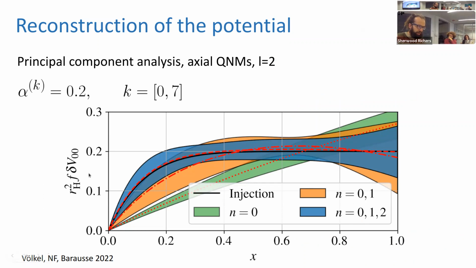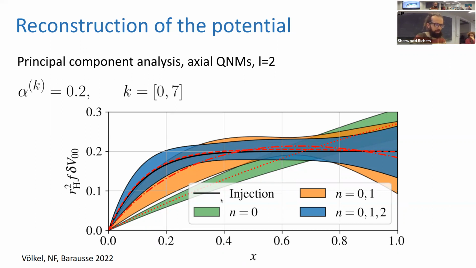Here in the plot you can see the reconstruction with respect to x. X is just a compactified coordinate, so 0 corresponds to the horizon and 1 corresponds to infinity. The black line is the injection that we assume we will measure in the future.